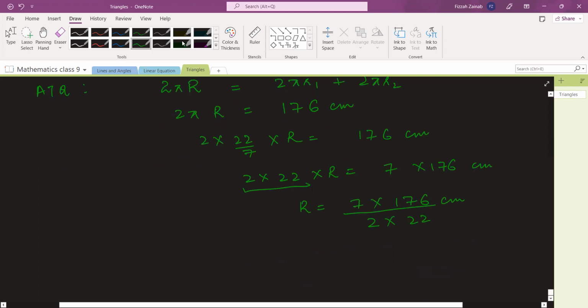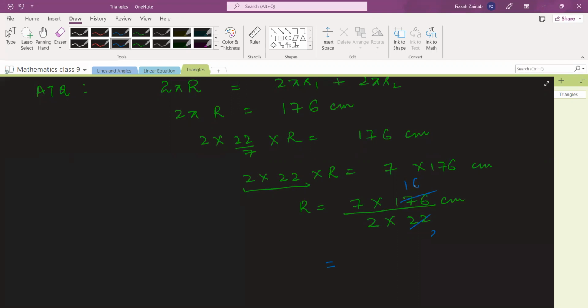So now you can see if something gets cancelled here. I think it can be divided by 11. So 11 into 2, right? And then 11 into 1 is 11. Then 6 will remain, 66. So 11 into 6, right? And then again, 2 into 1 and 2 into 4, and 7 into 4 is 28. So this is 28 centimeter.